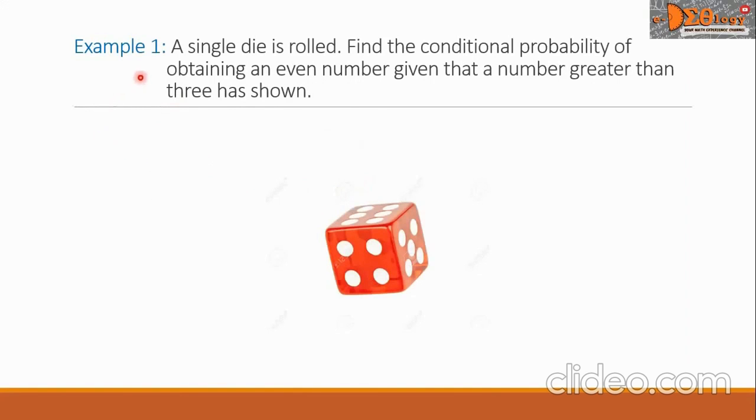This is example 1. A single die is rolled. Find the conditional probability of obtaining an even number given that a number greater than 3 has shown.